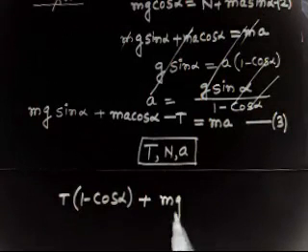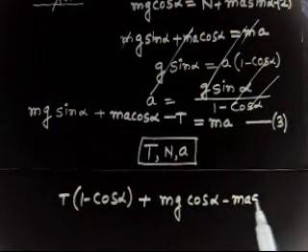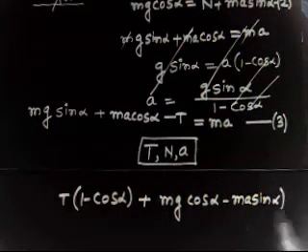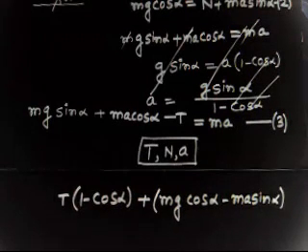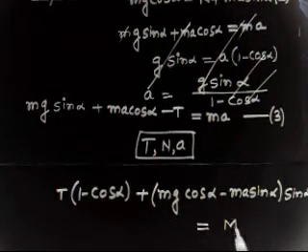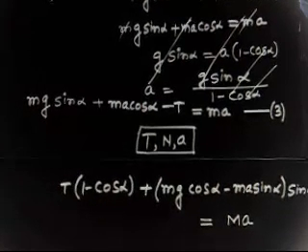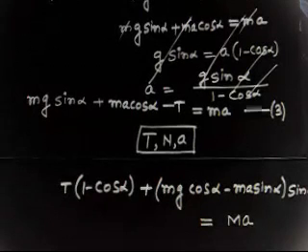So this normal reaction into sin alpha is equal to ma. So we have used equation number 1 and equation number 2. Now let us use equation number 3.